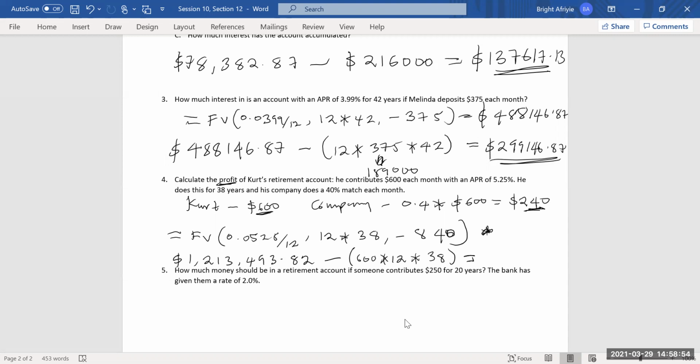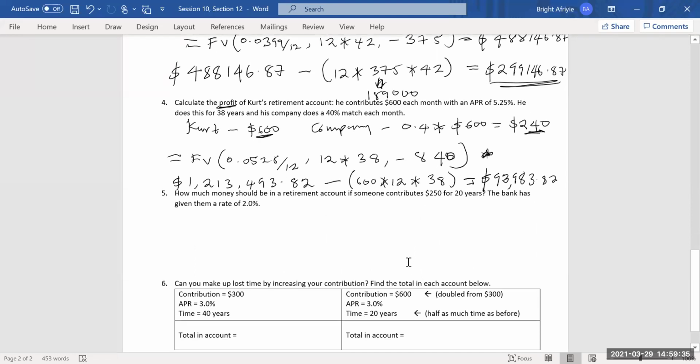All right, so you take that from 1,213,493.82, and that comes out as 939,893.82, and this is the profit for Kat at the end of 38 years. Is that okay? Sweet. So now let's go to number 5.